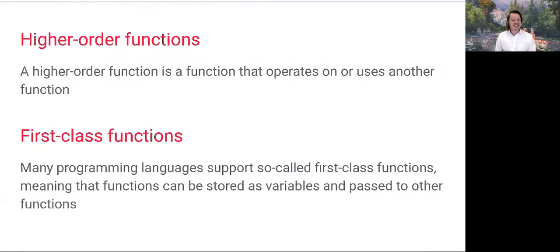We then shifted into a discussion about first class functions and mentioned that many programming languages support this concept, more or less meaning that functions can be stored as variables and passed to other functions. We said the way of doing this in C++, at least as we introduced it, was by passing pointers to our function.